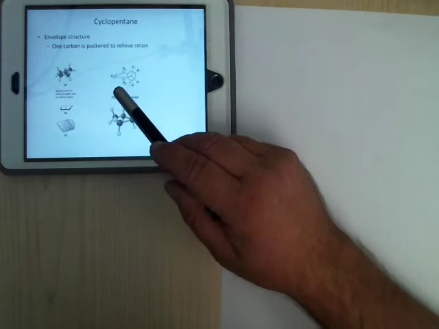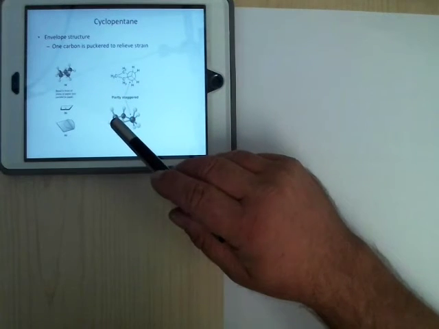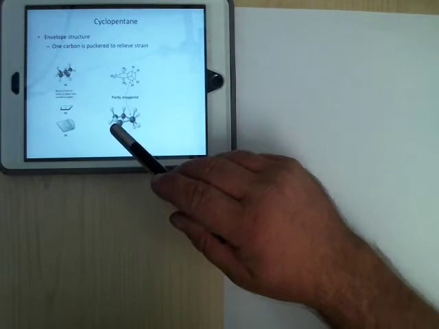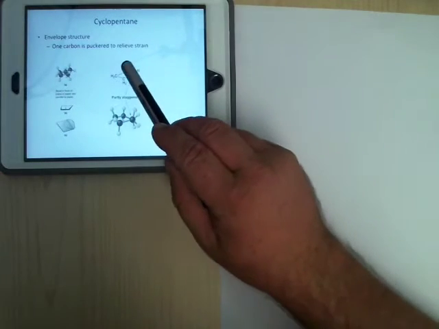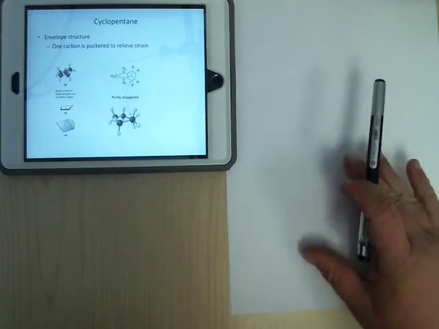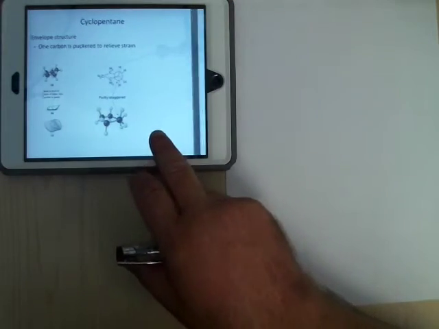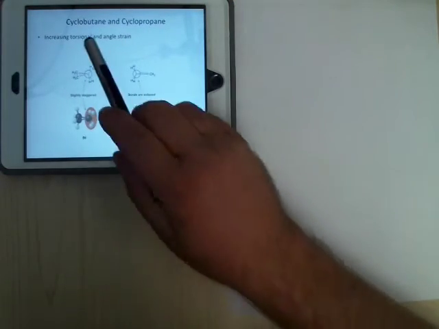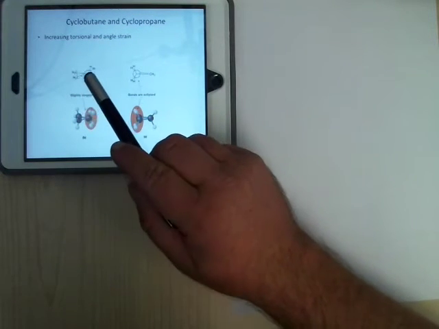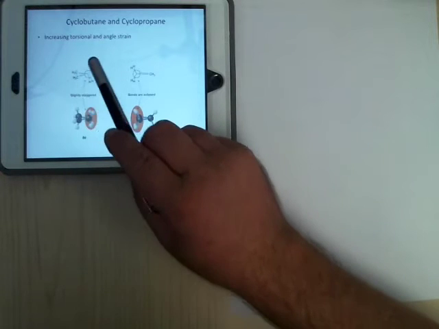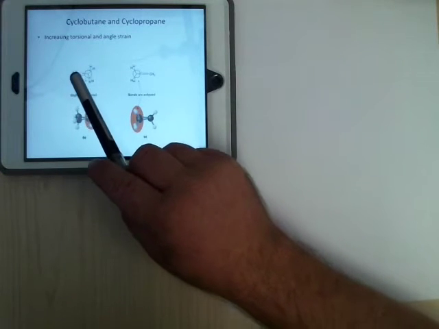Just like if you're standing up and you raise up one foot, it takes the strain off a little bit, and that's what this does. It puckers a little bit, but there is more strain associated with a 5-membered ring than there is with a 6. Now with cyclobutane and cyclopropane, you're getting less and less staggered. Cyclobutane, the 4-membered ring, is almost completely eclipsed.